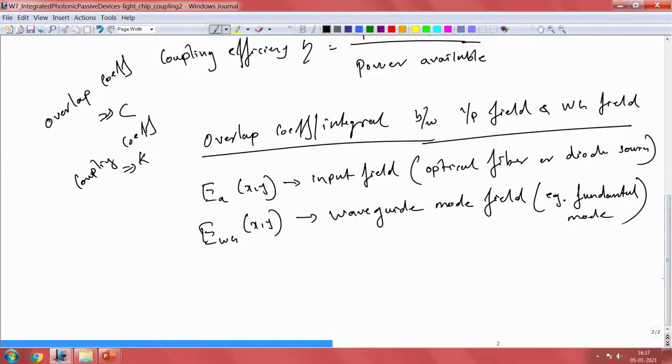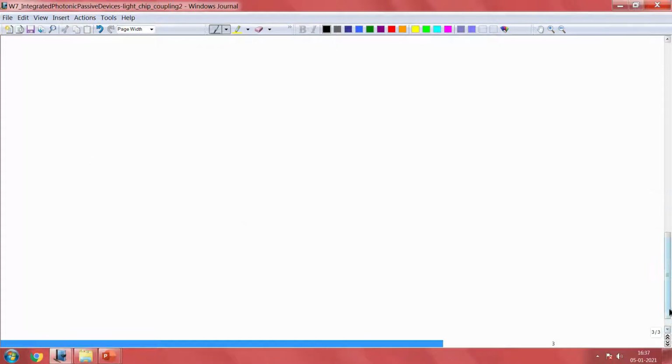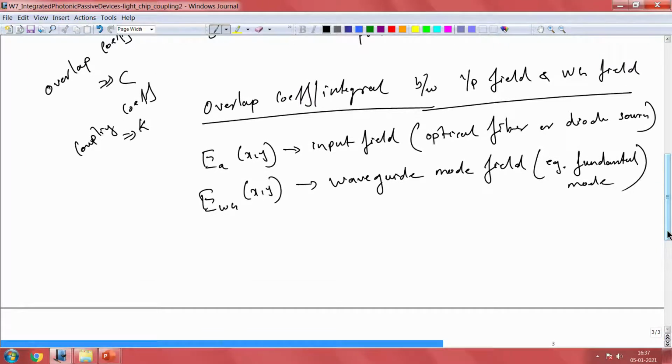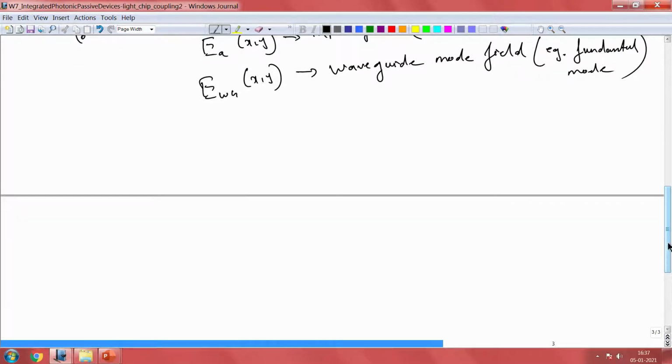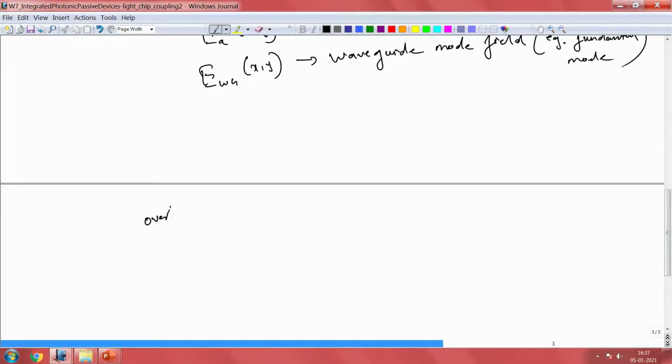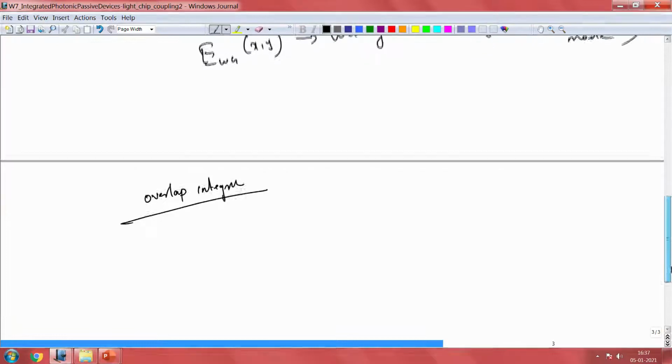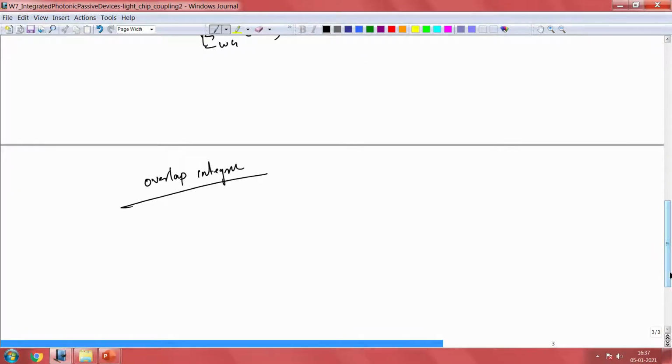So, what is our coupling efficiency now? That means you need to have the overlap integral. So, let us look at what that overlap integral is. That is power coupled to the total power available here. So, that is all about the two fields that you have.